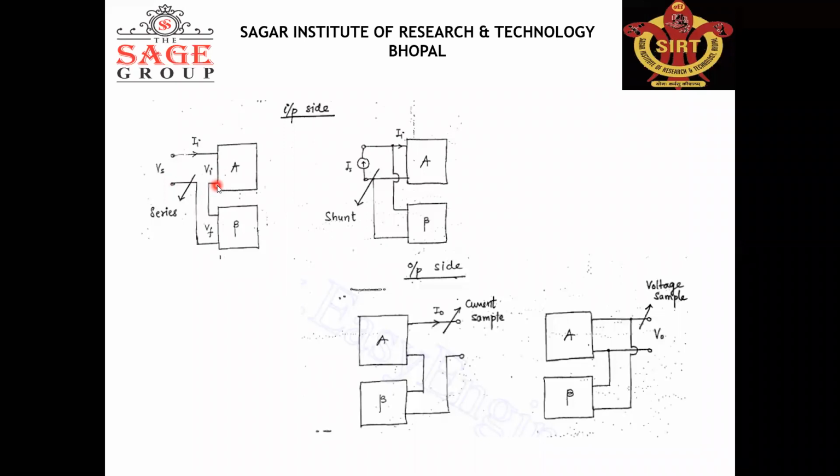Input side mixing is done, and output side sampling is done. This is a series connection. We have already said that in a series connection, the two signals should be in voltage form.